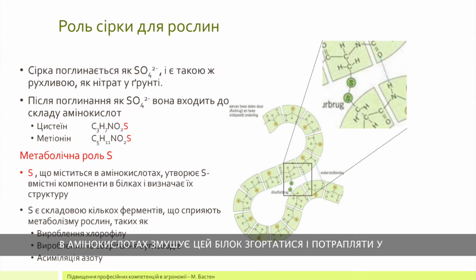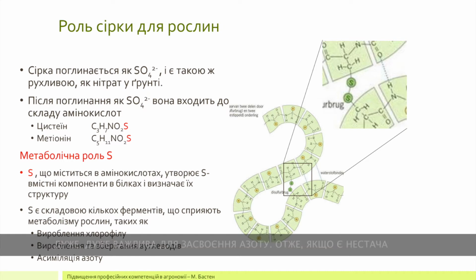And the sulfur molecule in the amino acids makes this protein fold into a secondary and quaternary structure, which finally builds the enzyme. So sulfur is very important as a part of a lot of enzymes, and therefore facilitating many plant metabolism, like chlorophyll production, carbohydrate production and storage, and also very important, the nitrogen assimilation.